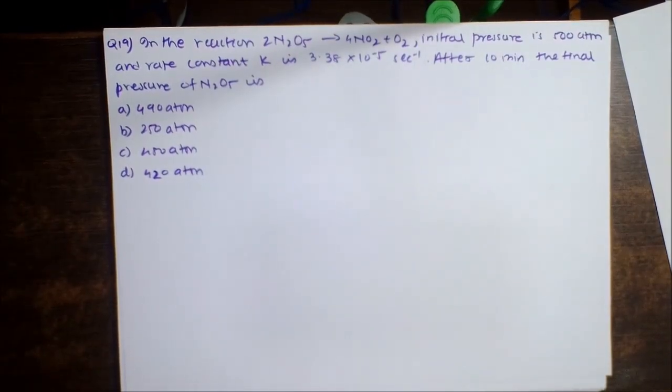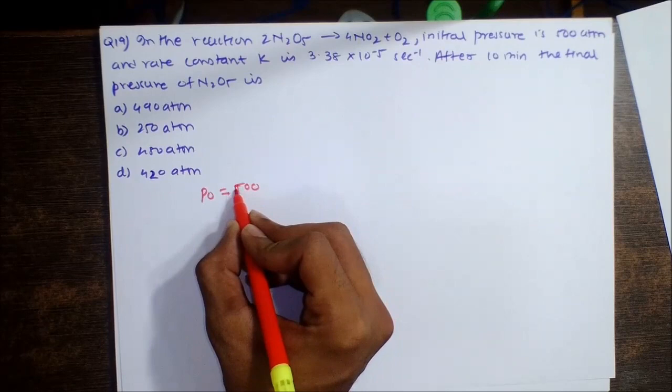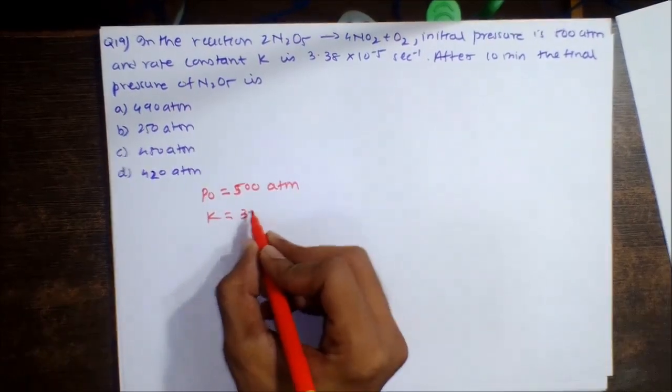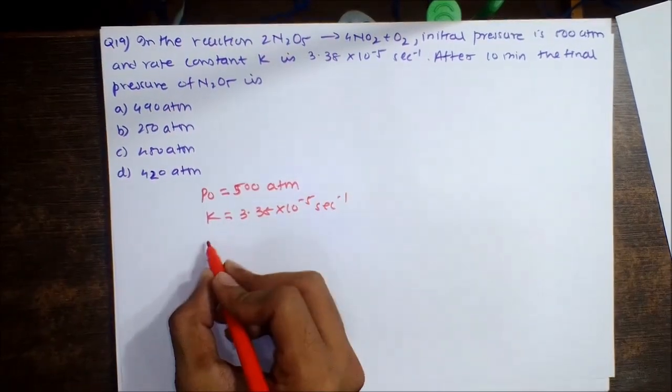Question 19. In the reaction of 2N2O5 gives 4NO2 plus O2, initial pressure is 500 atm and the rate constant K is 3.38 into 10 raised to minus 5 per second. After 10 minutes, the final pressure of N2O5 is. Initial pressure is 500 atm. K equals 3.38 into 10 raised to minus 5 per second.